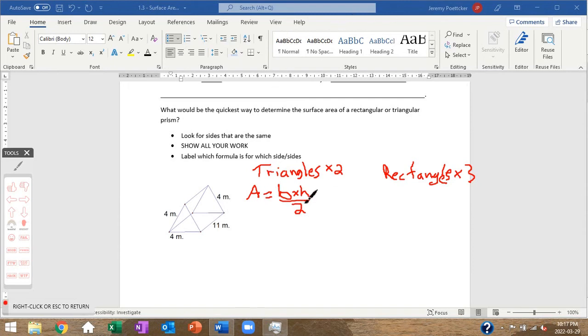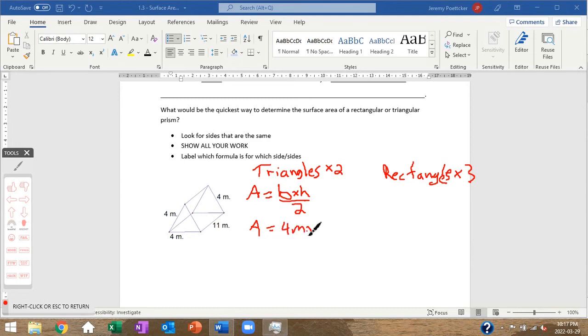And remember, we did the work on the last page for what the height is. The height of this lovely triangle was 3.464. We actually found the area up there, but we'll copy it down here again.